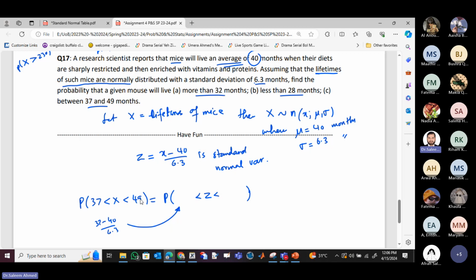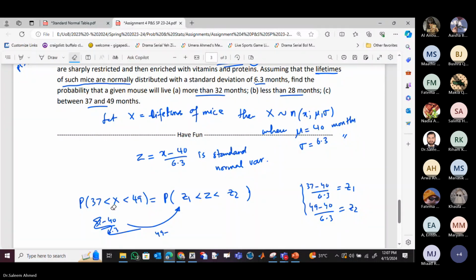The other one is 49. So 49 minus 40 over 6.3. That is your Z2, and 37 minus 40 by 6.3 is your Z1.